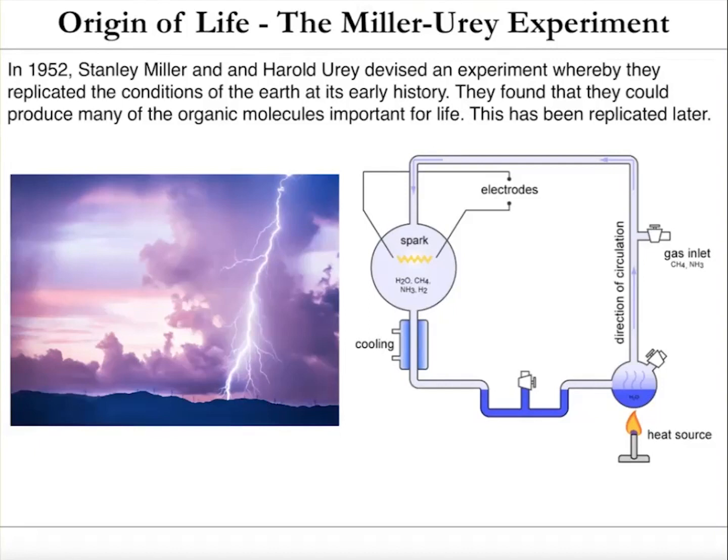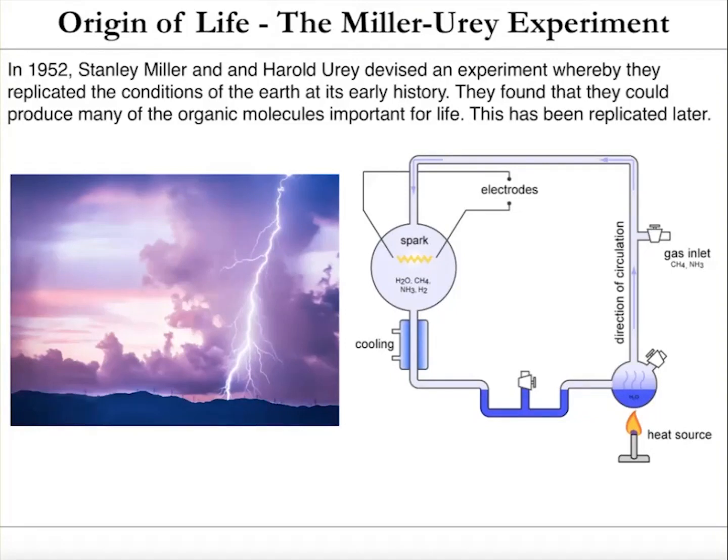The answer to this is obviously not conclusively determined, but a really important clue came from a famous experiment in 1952 done by the graduate student Stanley Miller under the guidance of his PI, Harold Urey. They made an experiment where they replicated what were believed to be the conditions of Earth at its early history.